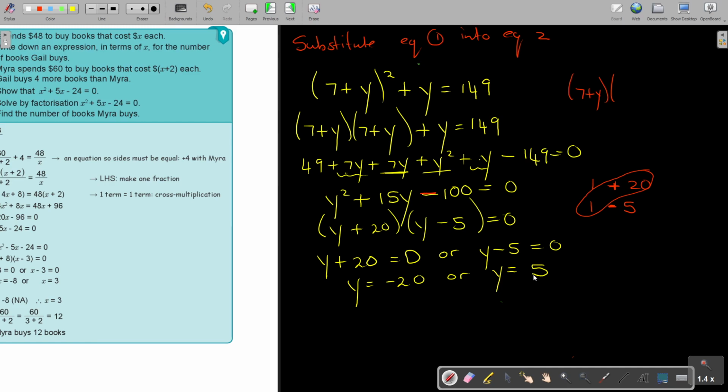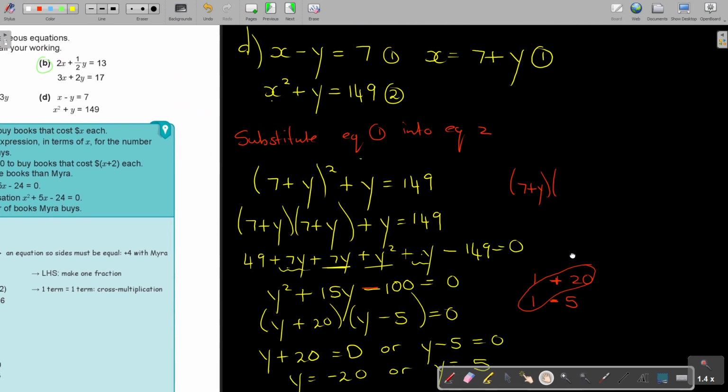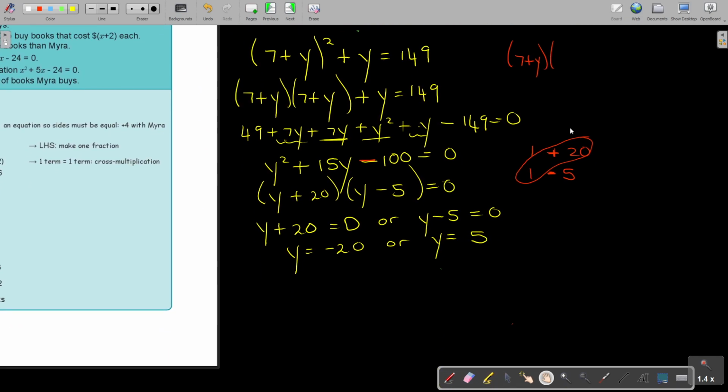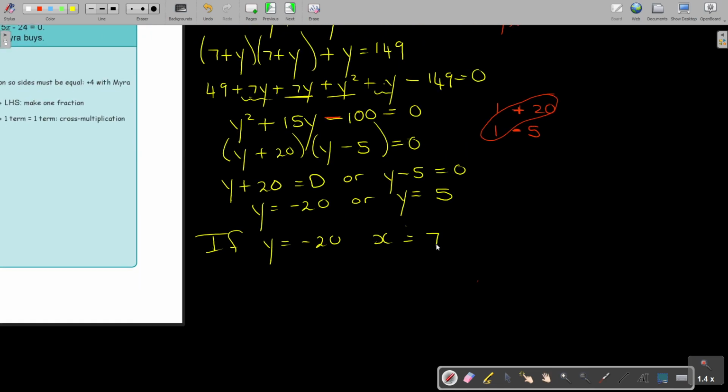And now I substitute in my equation 1. There x equals 7 plus y. So if y equals negative 20, x is equal to 7 plus y, and that's going to be 7 minus 20, and that is going to get negative 13.